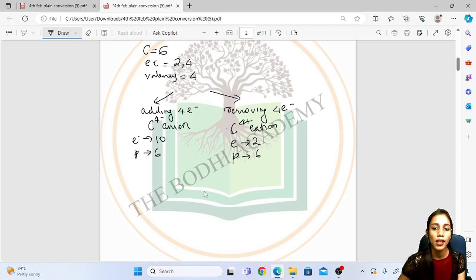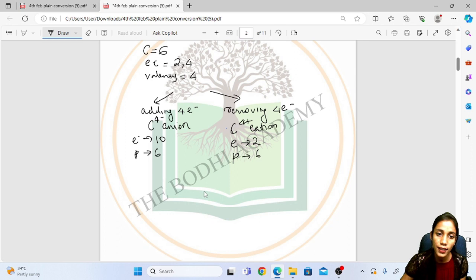In this case, it requires a large amount of energy to remove the 4 electrons. So this process is also not feasible. We can't remove 4 electrons because this requires a large amount of energy.